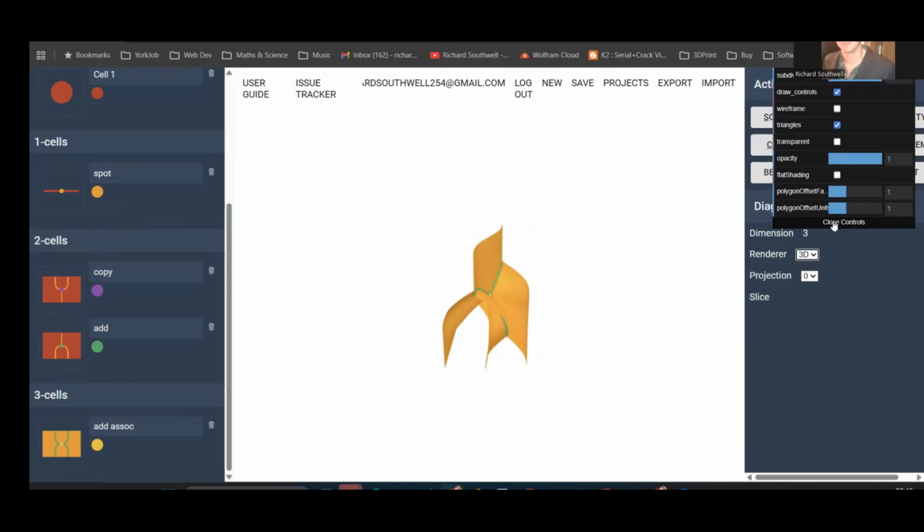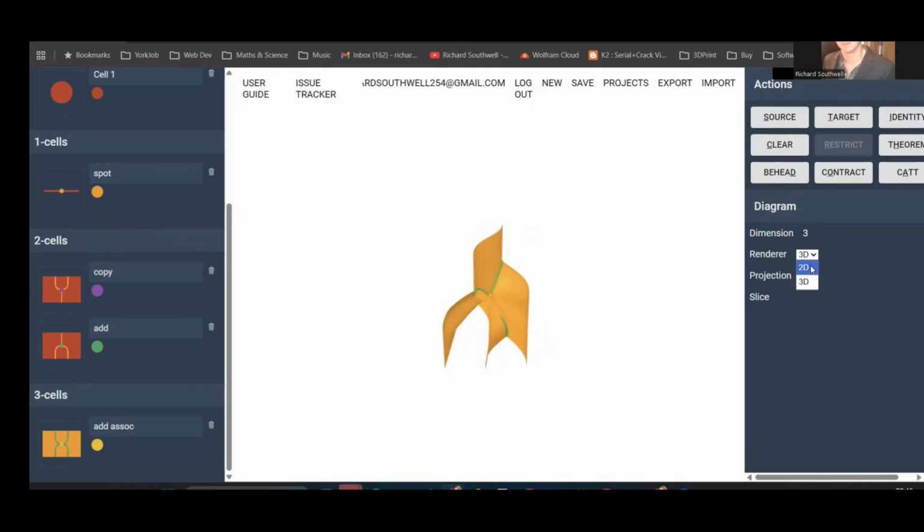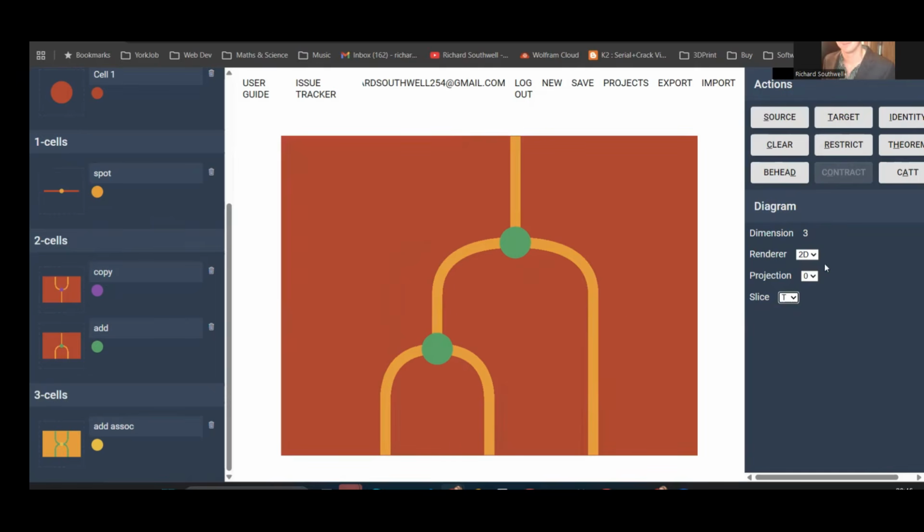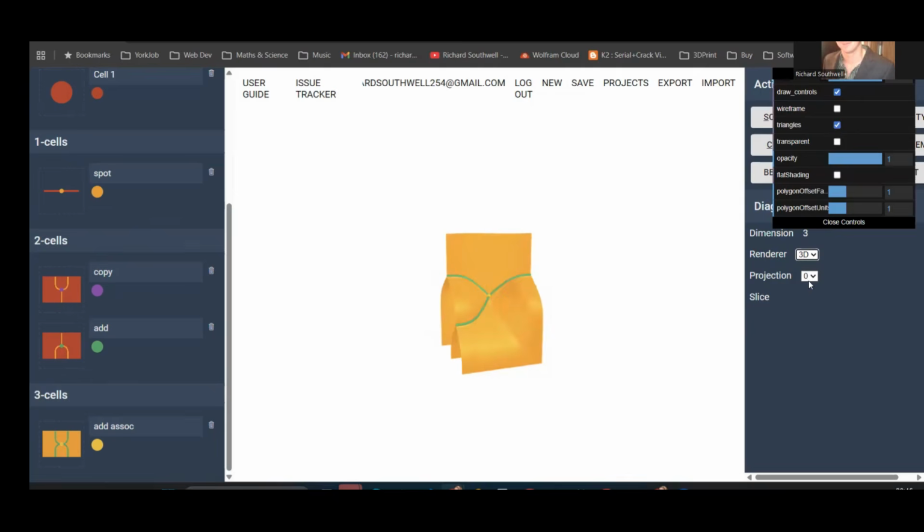So we can see this better if we have a look at this and we see, okay, the source slice looks like this, and the target slice looks like this. But if we have a look at it in 3D and we align it like so, we can see that these slices are just the things that are in the front and the back of this 3-dimensional picture.